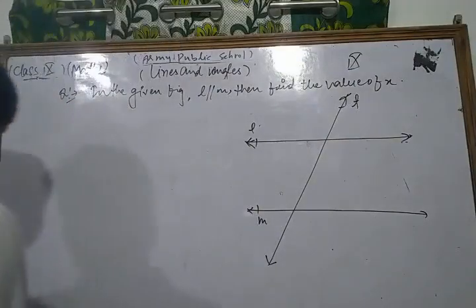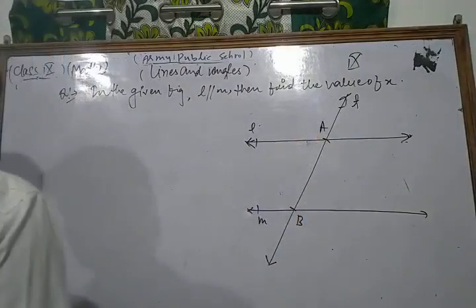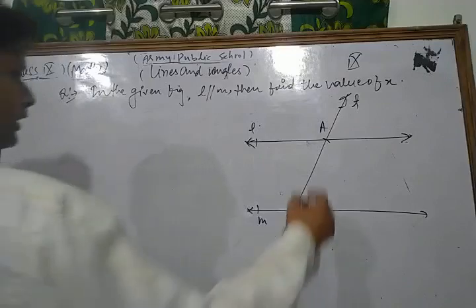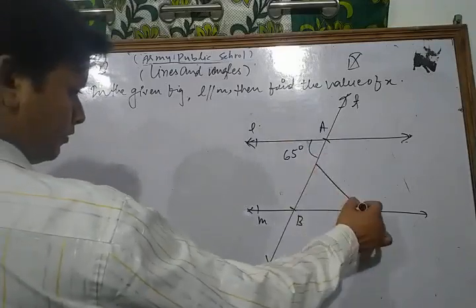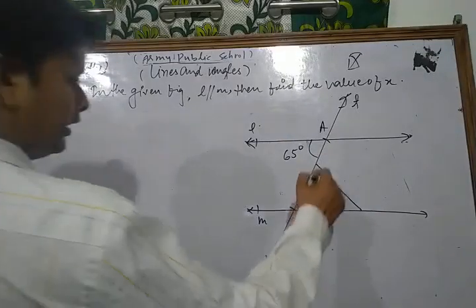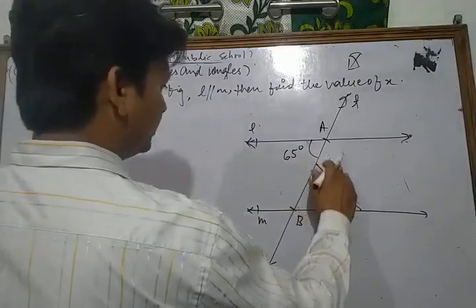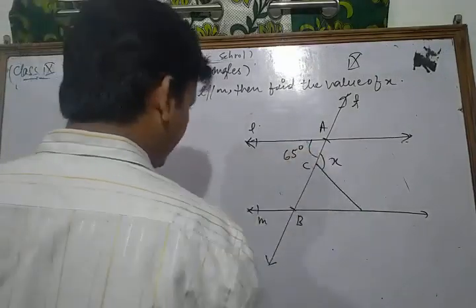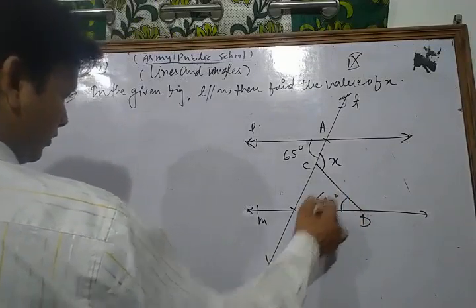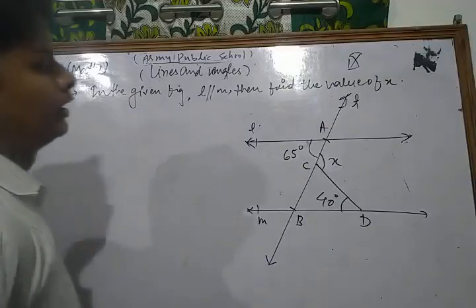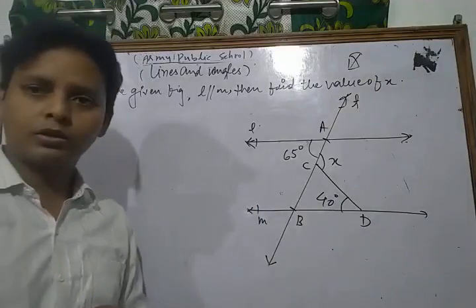Here this is A, this is B. In that figure, this angle is 65 degrees. This is point C, and that angle is x, and at point D the angle is 40 degrees. In that figure we find the value of x. This is also a very important question. Now let's see its solution.